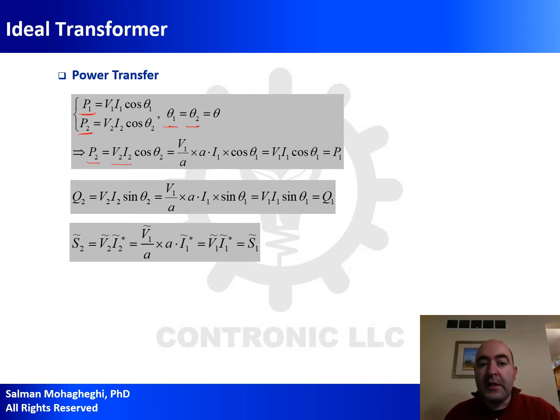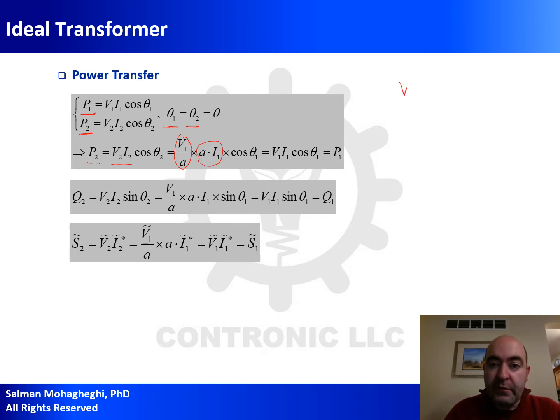Now, instead of V2, I replace it with V1 divided by A. That basically comes from the main voltage equation for the transformer. The main current equation for a transformer indicates that I2 is going to be A times I1.